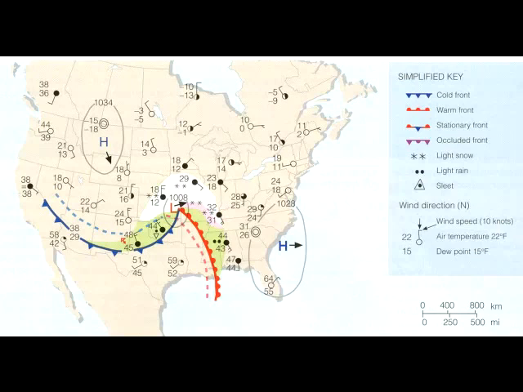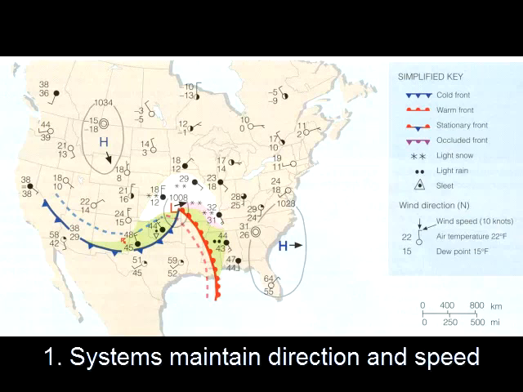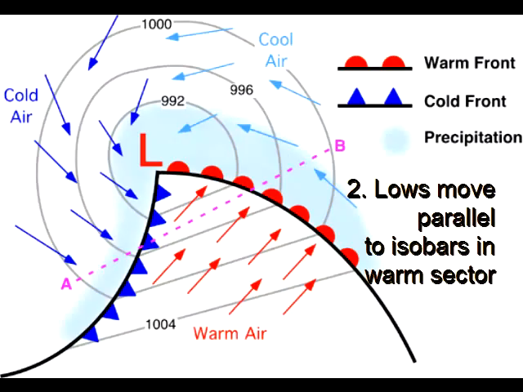If you do a forecast that is based on surface charts, there are 4 rules that can help you. For short time intervals, you can assume that systems, such as high pressure or low pressure systems, maintain direction and speed. A slightly more accurate approach would assume that low pressure systems move in a direction parallel to isobars in the warm sector.